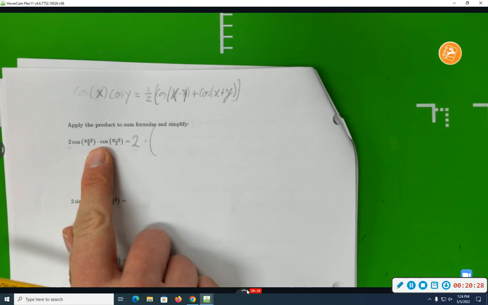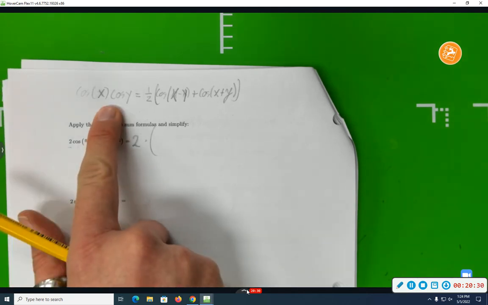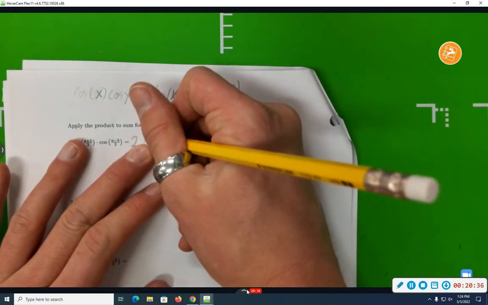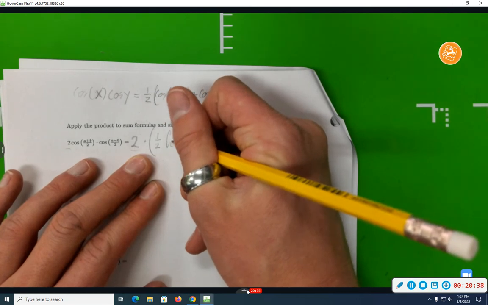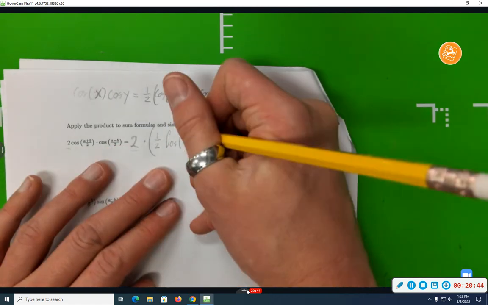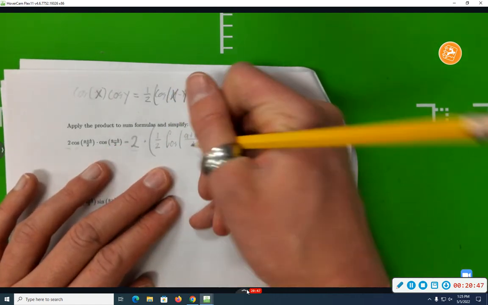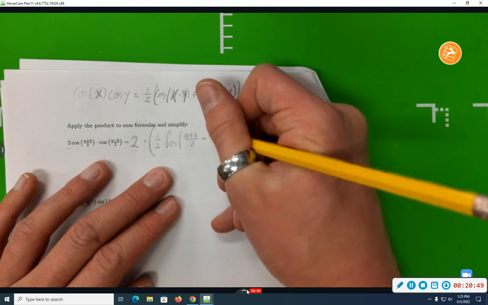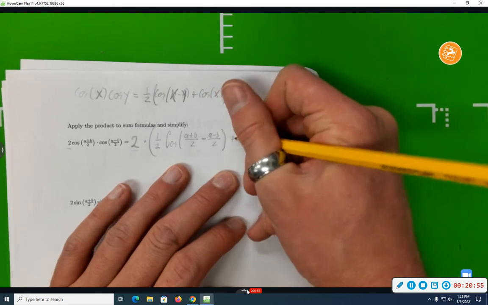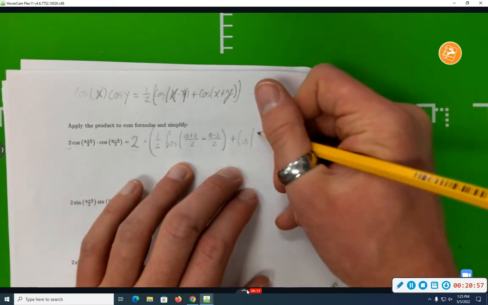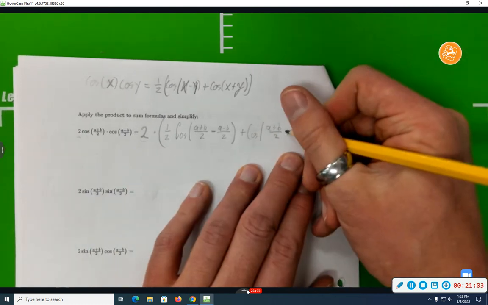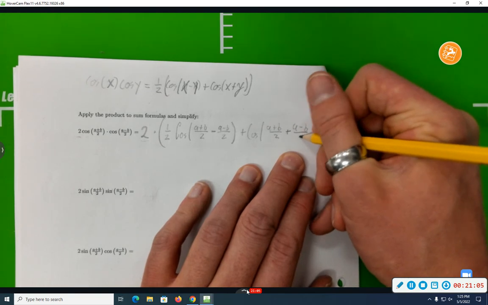I see a product of cosines. I have a formula for the product of cosines. Let's use that. So this will be 1/2 the cosine of the difference between these two things: cosine of a plus b over 2 minus a minus b over 2, plus the cosine of a plus b over 2 plus a minus b over 2.